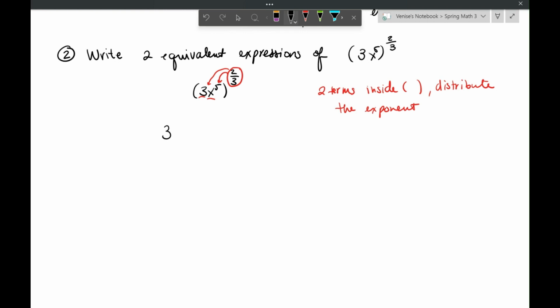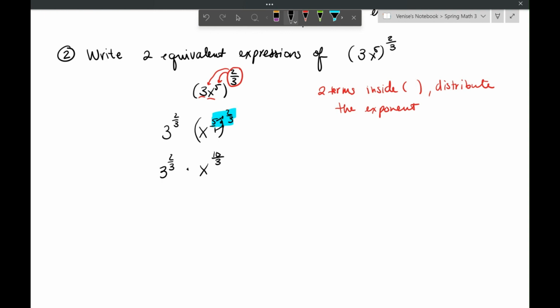So we should get 3 to the 2/3, x to the 5th, to the 2/3. Okay, and then we multiply our exponents. Remember, if there's no number under the denominator of a number, you put 1, and then you just multiply straight across. So we get 3 to the 2/3 times x to the 10 over 3.